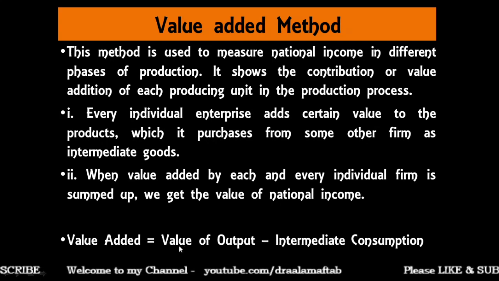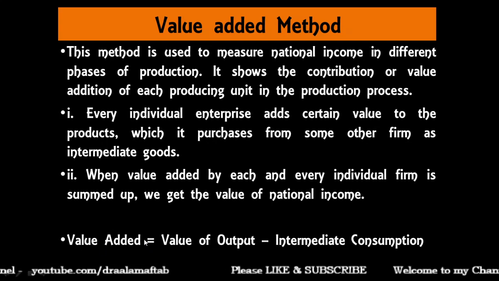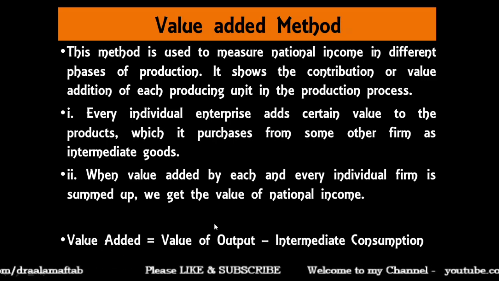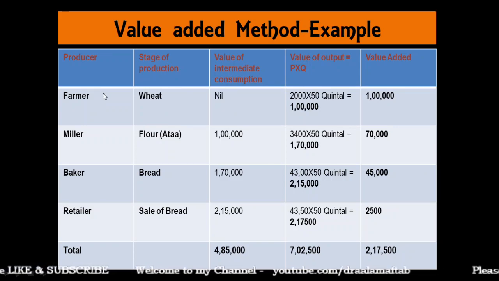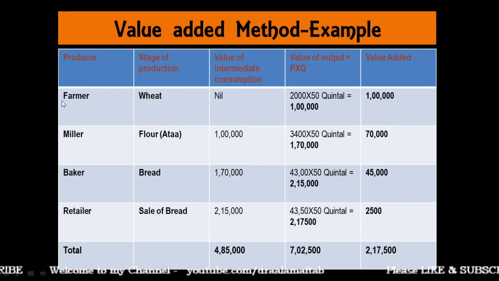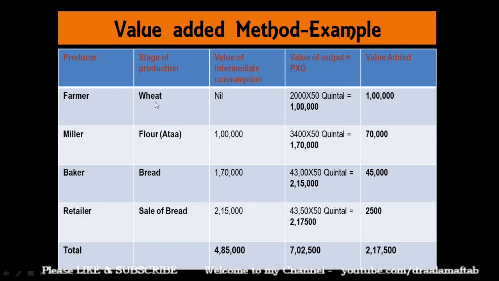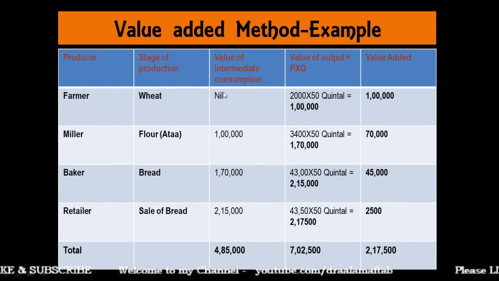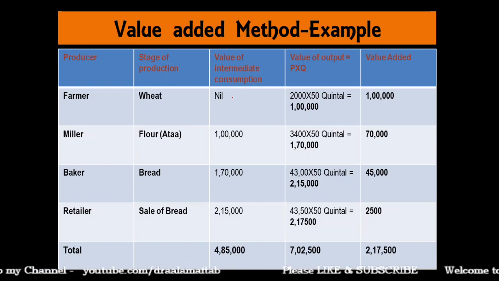So how is it calculated? Value of output minus intermediate consumption, you will get total value addition. So let us understand this with the help of this simple traditional example. Here we have four producing units: farmer, miller, baker, and retailer. In the second column you can see wheat is produced by farmer, and here one thing is assumed, there is no intermediate consumption by the farmer.